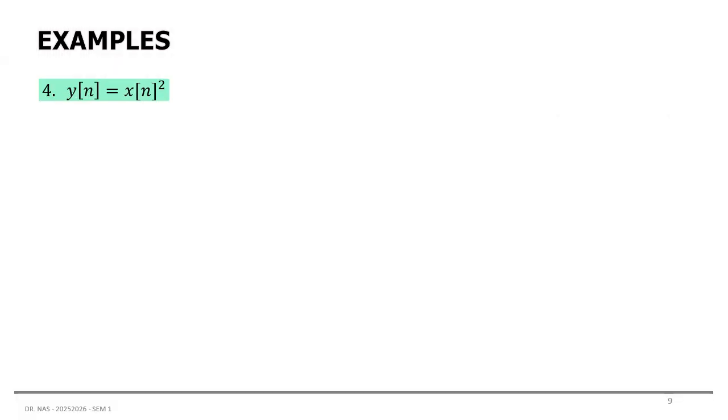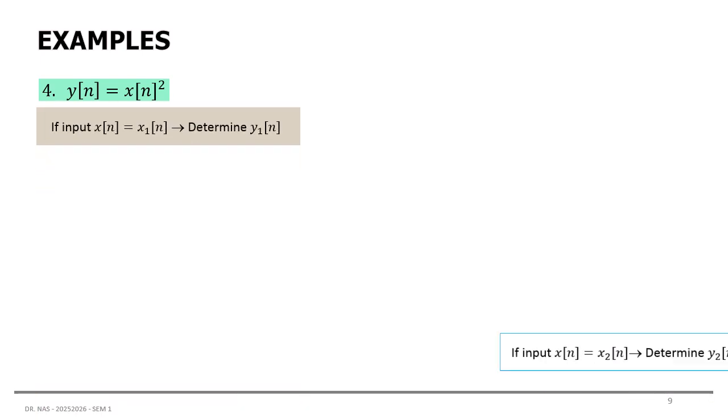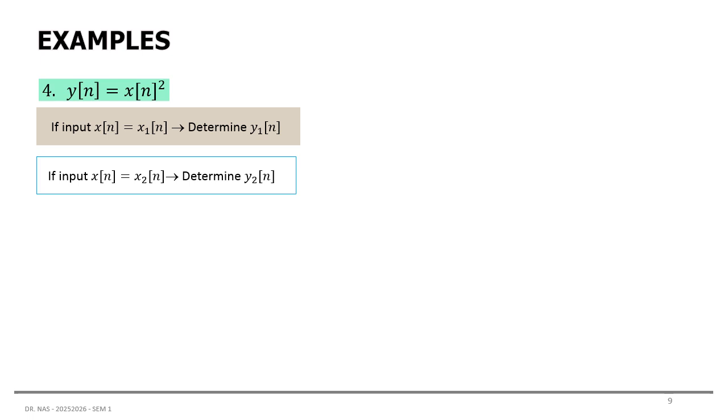Okay, another example, again in discrete time signal. The first step, y1[n]. In this case it's x1[n] squared. Please don't forget, this one is equal to x[n] squared.